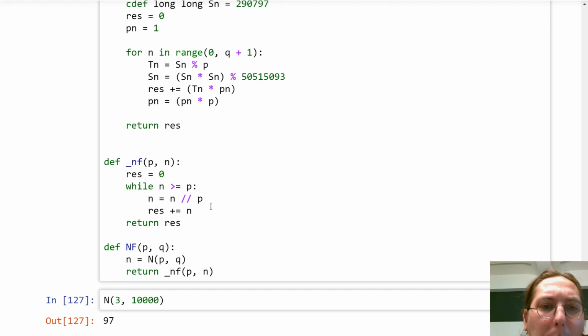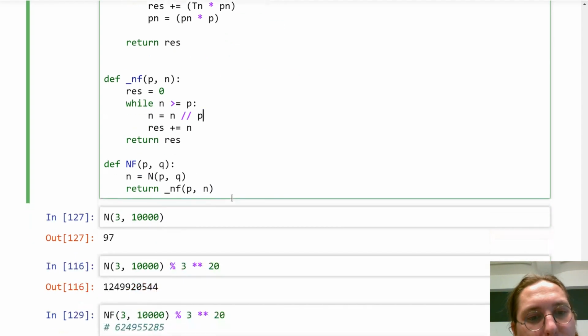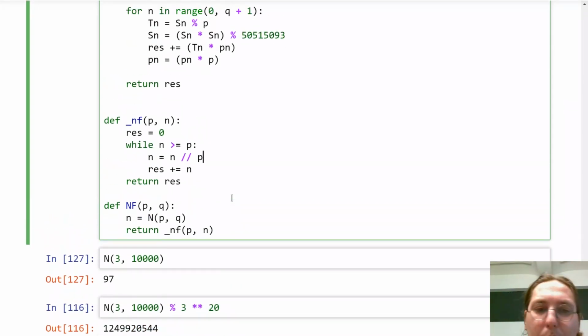I think you can do more here. Maybe because at the end we're going to do 3 to the power of 20, we can do it to the prime factor.